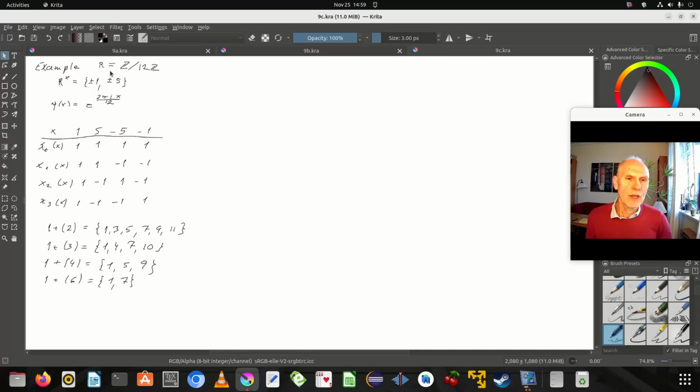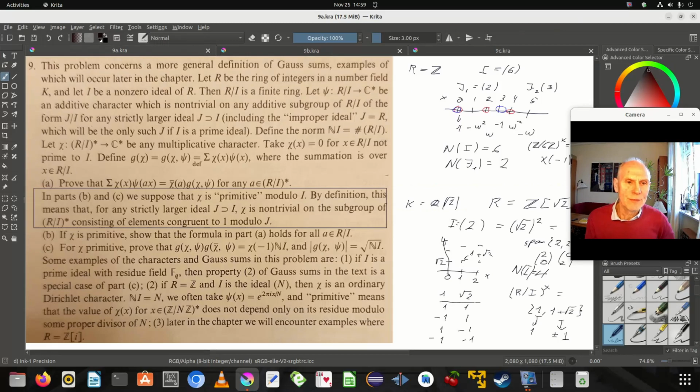So this is the Vierergruppe, and so is the group of characters. I wrote this up because we need to see which characters are primitive.